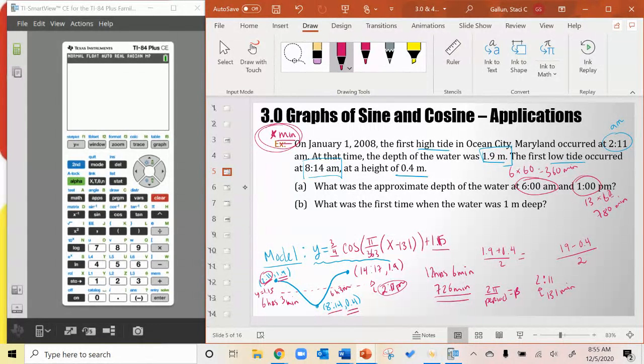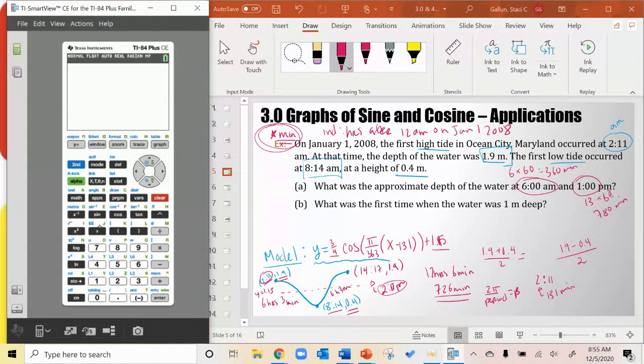So my X value, my independent variable, is really minutes after midnight, or after 12 a.m. on January 1, 2008. That's really what I'm looking at when I'm substituting it.